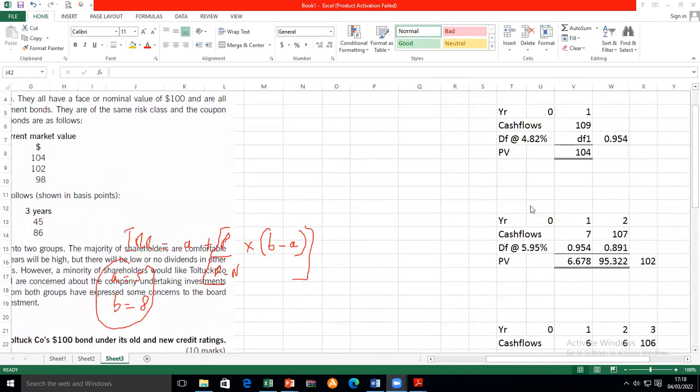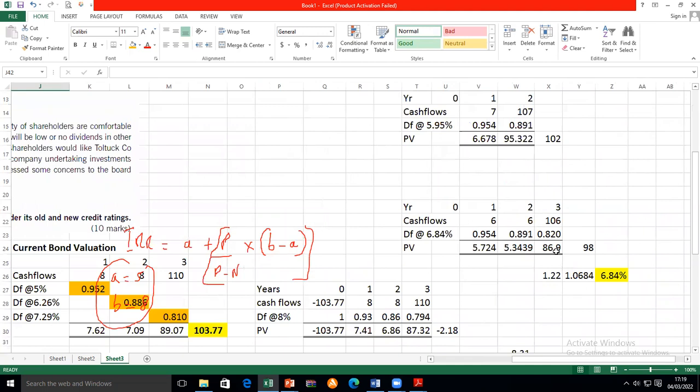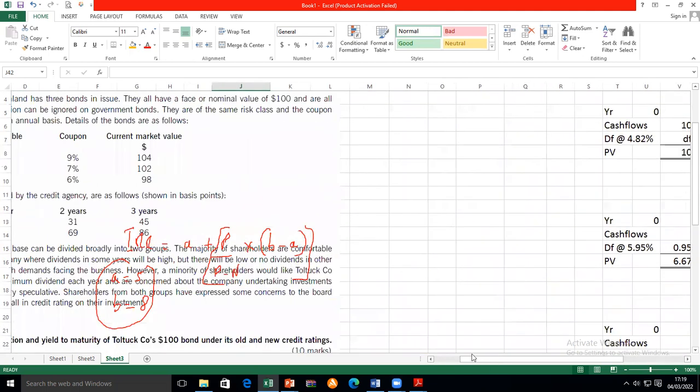This third one, the formula. I wanted to get on the cash flows. I've seen 66 and 106. Let's check. Yes, I wanted to understand where they're coming from.